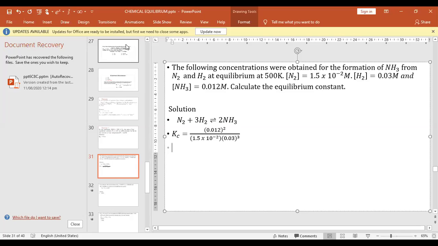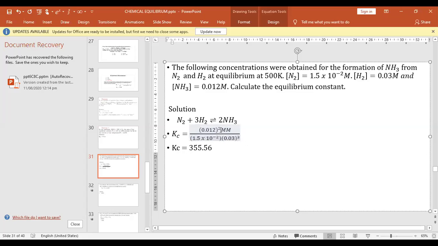Good. So our Kc will be 355.56. Here we should get a unit. Because this is squared, we'll have molar squared. You don't write this, but for the sake of our lesson, I'm trying to show you how it will cancel out.